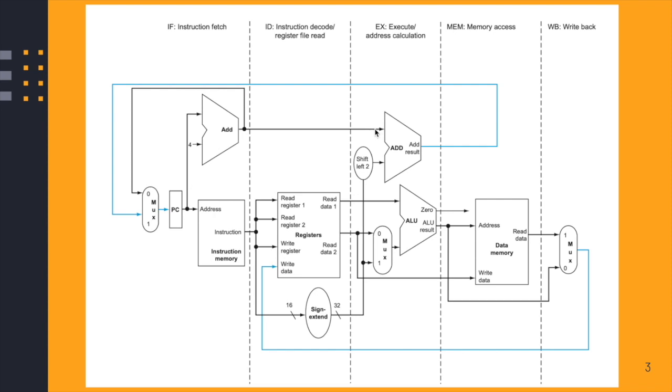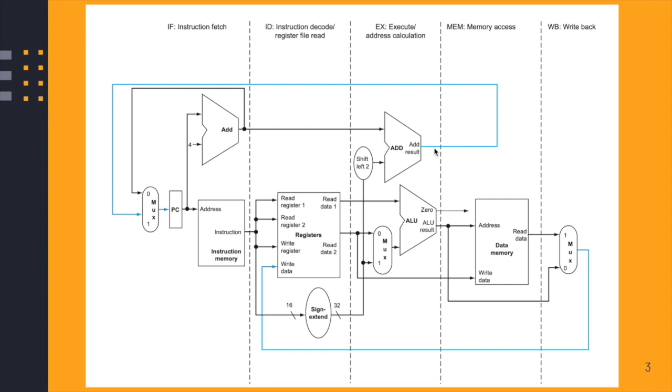That's why the first input is PC plus 4. The second input is the offset of the branch equal instruction multiplied by 4, which is shifting it left by 2, so I can transform the word offset to a byte offset, and then the result will be output here.